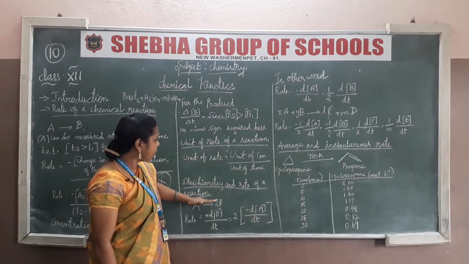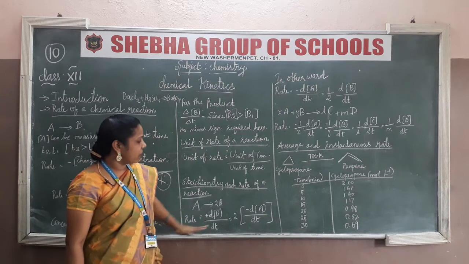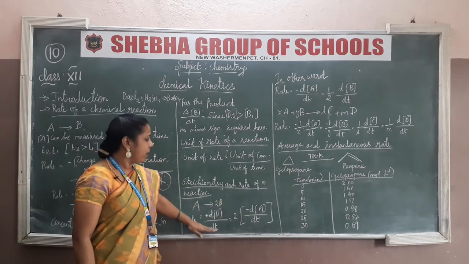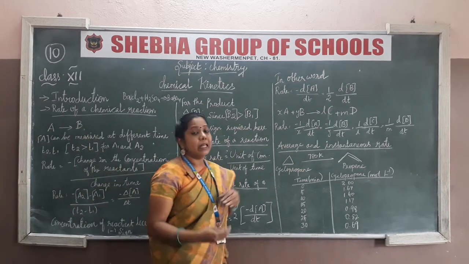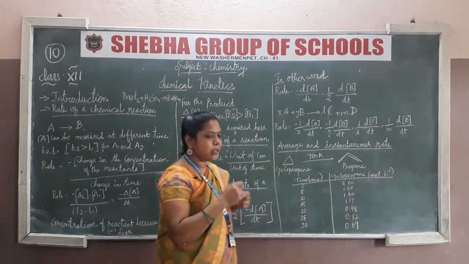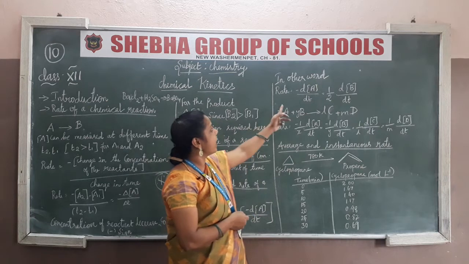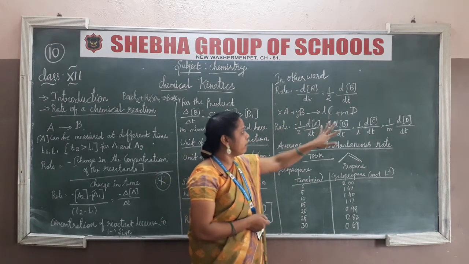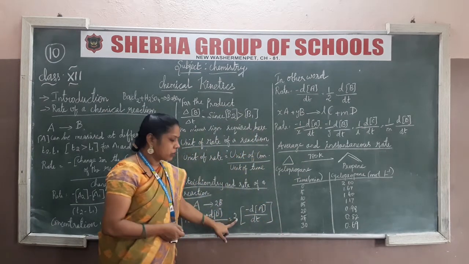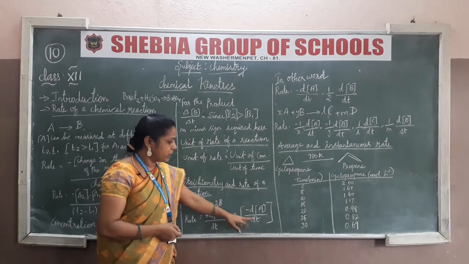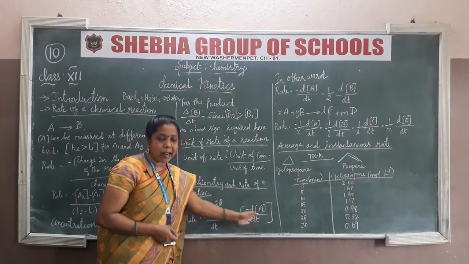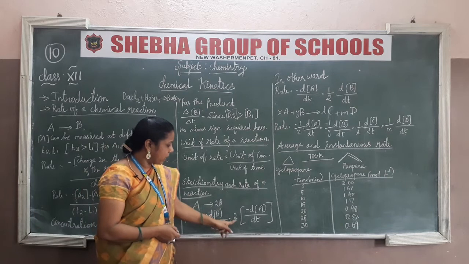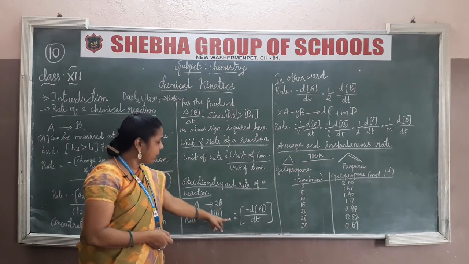So you have to write the expression of the rate of reactions. I have told you how this reaction can be expressed. In another way, we can interchange it: minus dA by dt is equal to 1 by 2 dB by dt. Here I have connected the 2 times to the product. When you interchange, the 2 moves to the other side and automatically becomes 1 by 2.